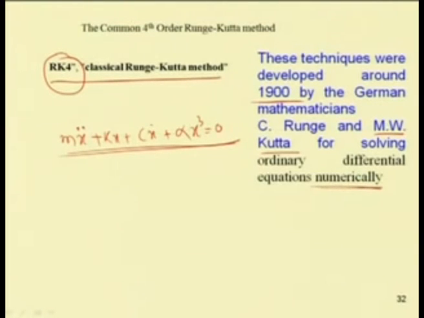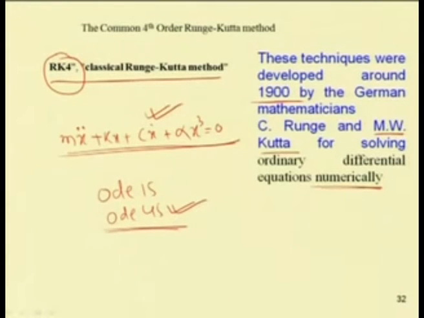So, one can use this RK4 method in MATLAB. You have the subroutines ODE 15, ODE 45. One can commonly use this ODE 45 to solve equations of this form.